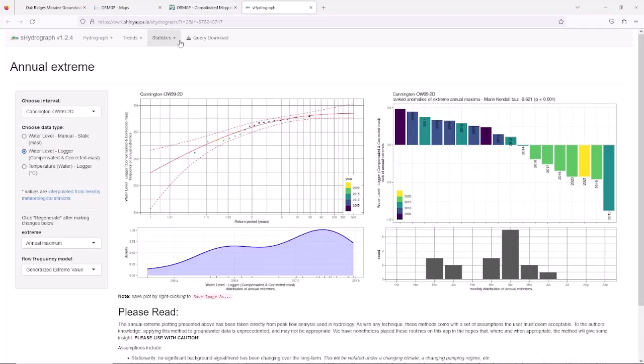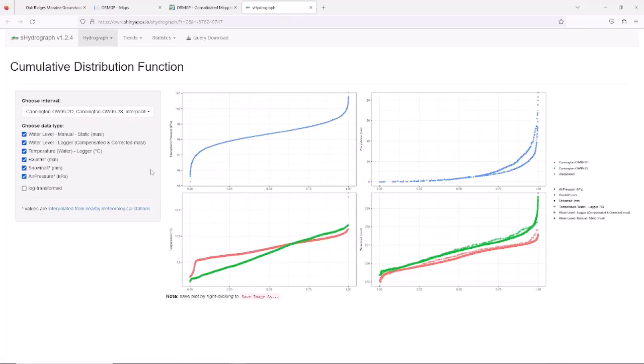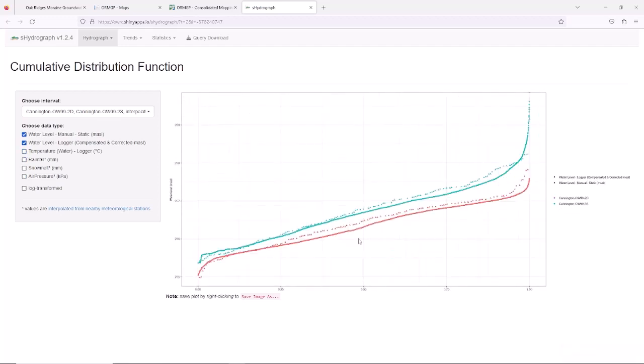The one last thing that I want to show here now is the cumulative distribution function. So what this is showing is the CDF, cumulative distribution function, for the different parameters again. But let's just look at the water levels. You can see here the blue line is the CDF for the logger information.